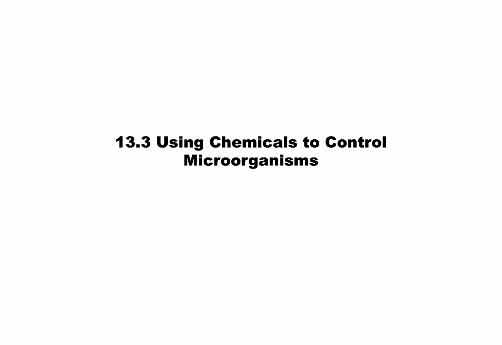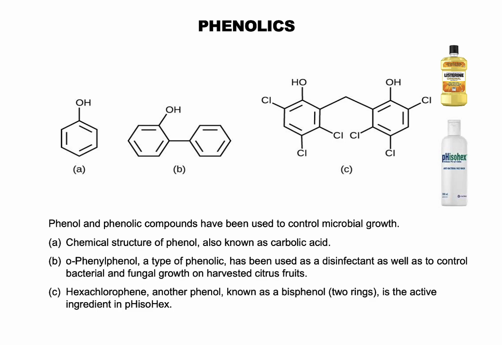Selecting the appropriate chemical involves considering the targeted microbe, the required cleanliness of the item, and the potential impact on the item's integrity, safety for humans, animals, and the environment, cost, and usability. This section outlines various chemicals used as disinfectants and antiseptics, detailing their mechanism of action and typical applications.